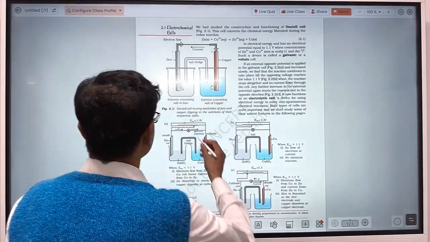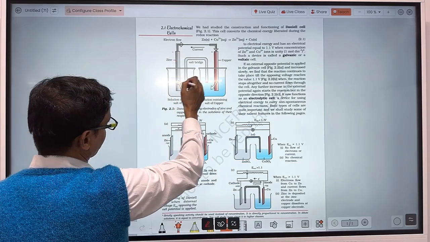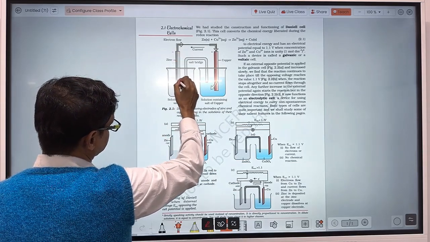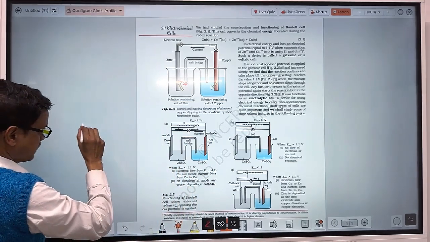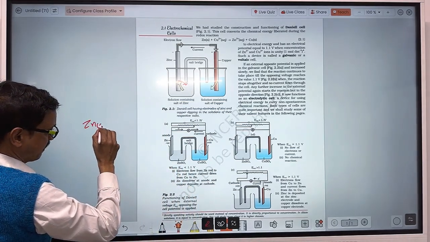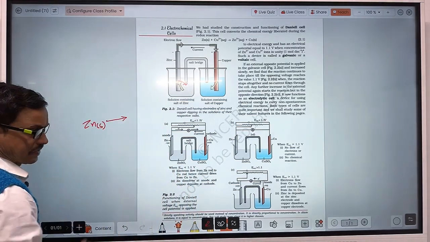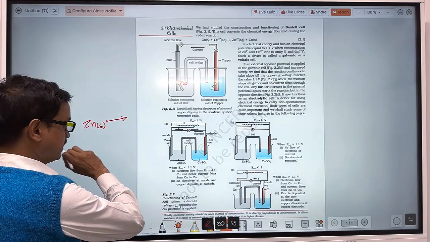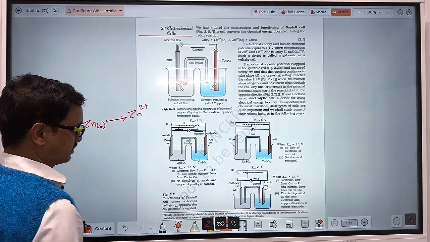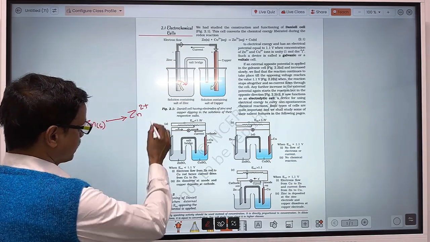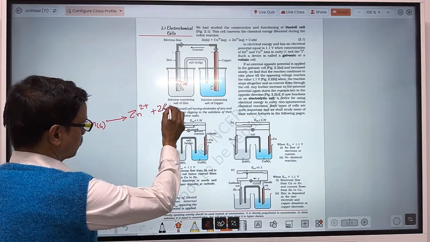Now, let's see what happened here. From this rod, the zinc atom, which exists in the solid phase, loses electrons. That zinc atom will convert into a zinc ion, that means Zn2+ and 2 electrons.